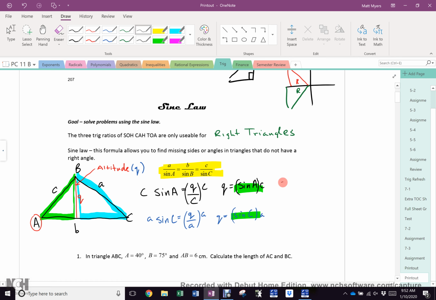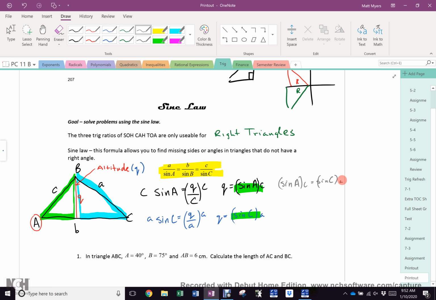So, sine A times C must equal sine C times A. Everyone agree? Okay. Now, math people like us could stop right now, because right now we have now done the sine law.